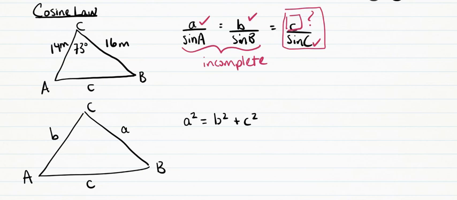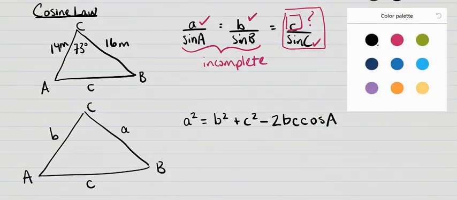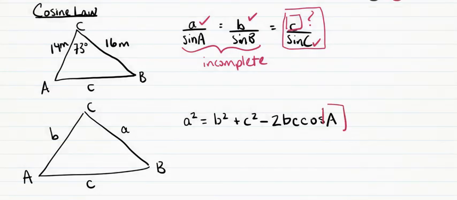Now, this is the relationship that we would know for right triangles, which is the Pythagorean theorem. But cosine law has a little bit of an adaptation to it that makes it valid for all triangles. Minus 2 times b times c times cosine of A. So this angle here, angle A, matches the side that's here.